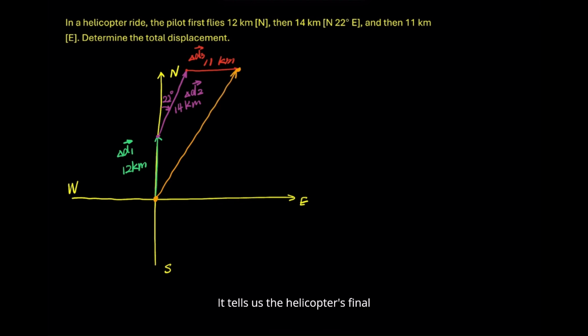It tells us the helicopter's final position relative to the starting location. This is how you add up the vectors graphically. When you add up the vectors, you draw the vectors one by one from the tip of the previous one, and it doesn't matter how many vectors you have. The sum vector always goes from the starting point to the tip of the last vector. So this is the sum of these vectors.